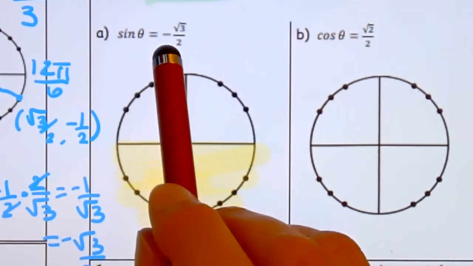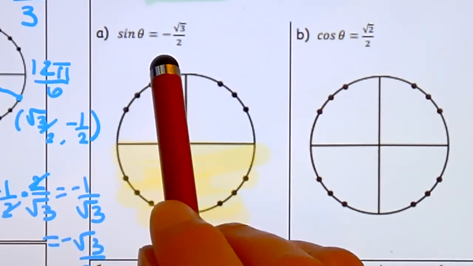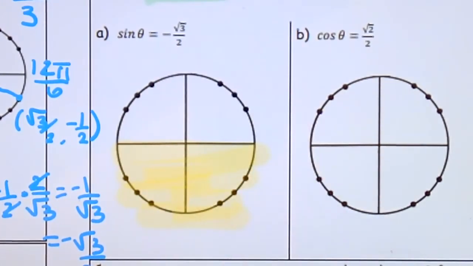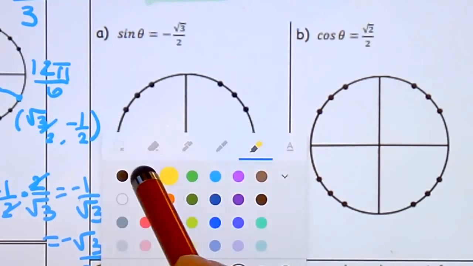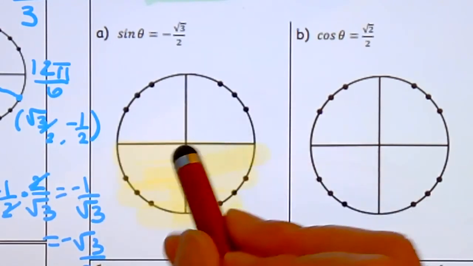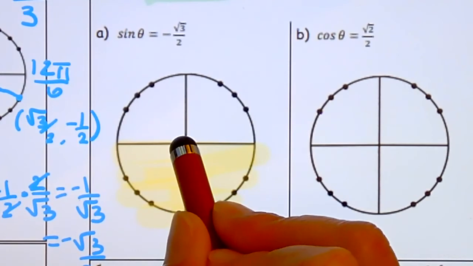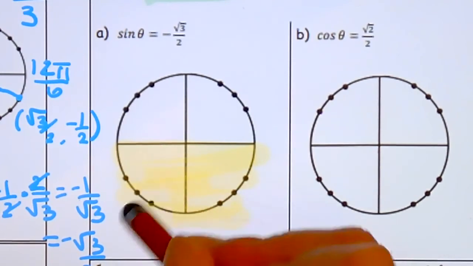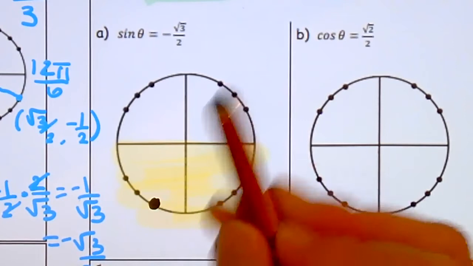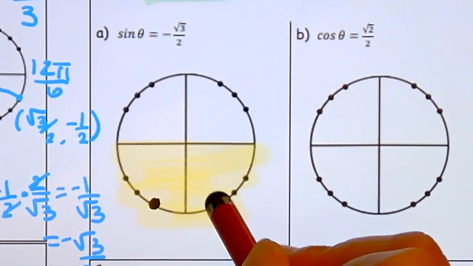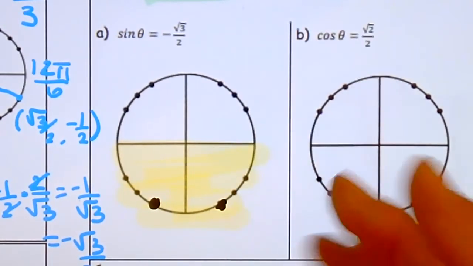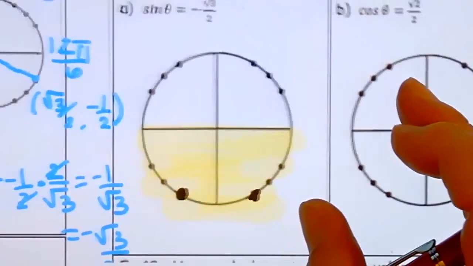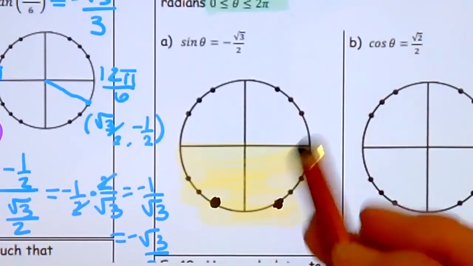So my sine on a unit circle, where is my sine -√3/2? That is our long, okay? So I'm going to be going short, long. So one of them is going to be here, and then short, long. One of them is going to be here. And so I want to know where this is, okay?